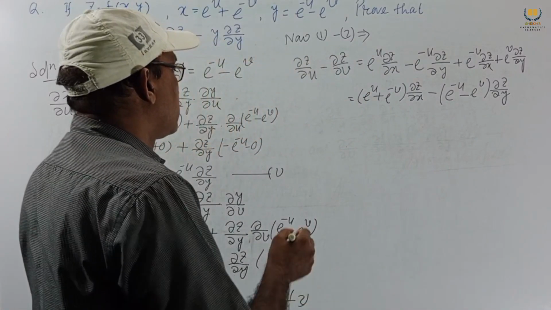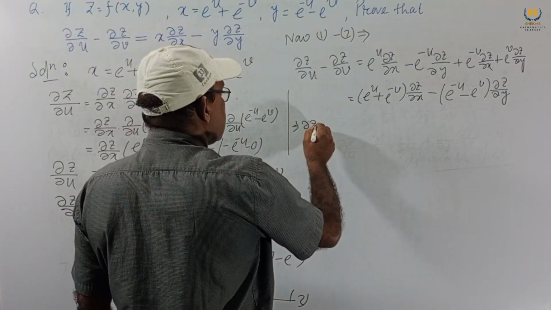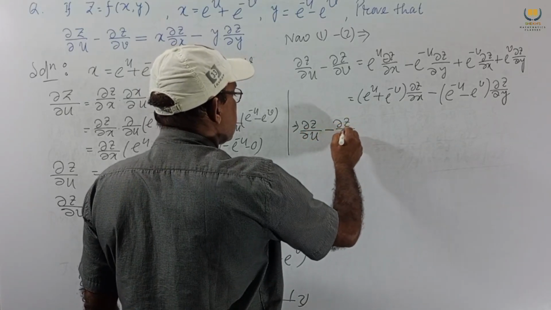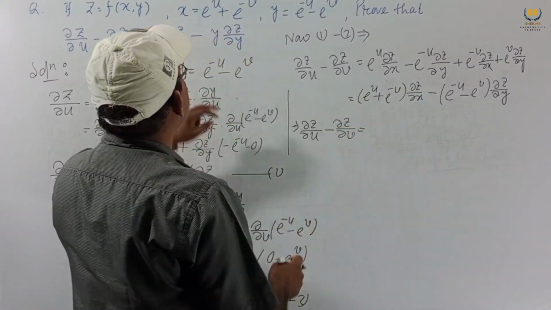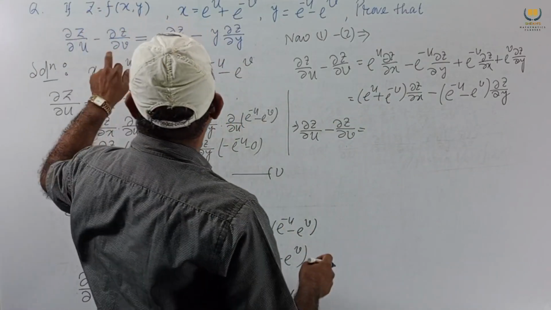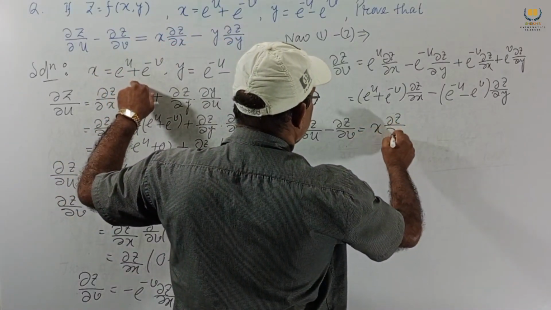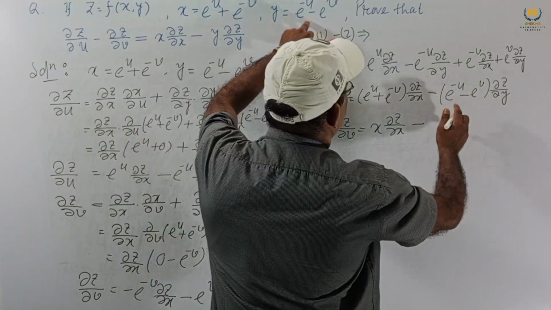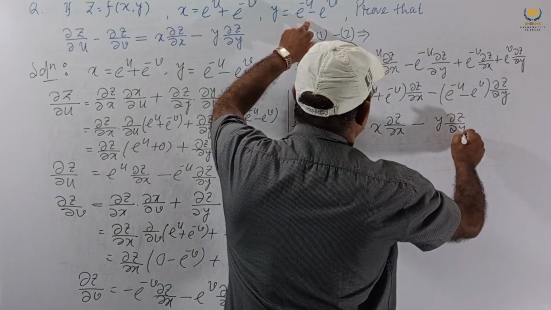We get this one. So this implies del z del u minus del z del v, this value we get x, del z del x, and this value we get y, del z del y.